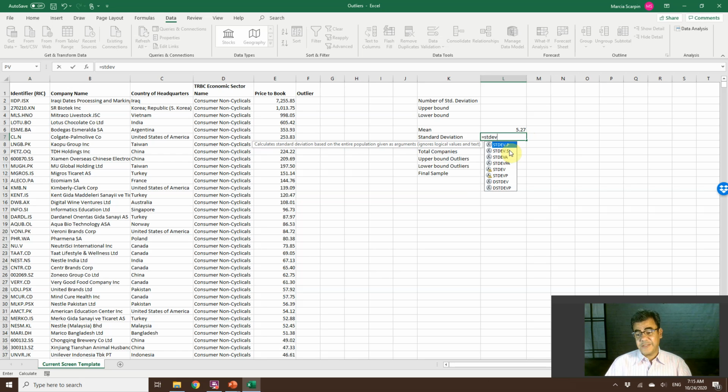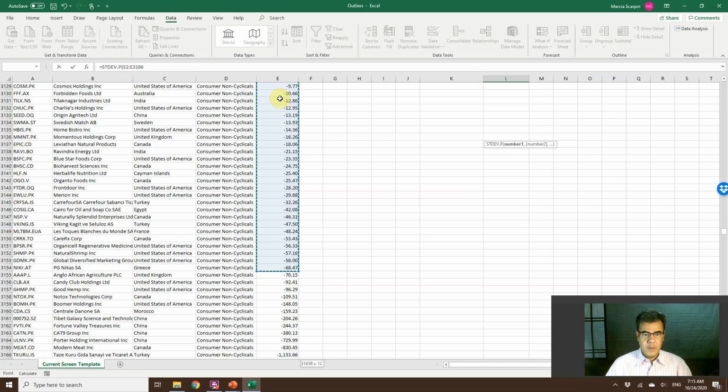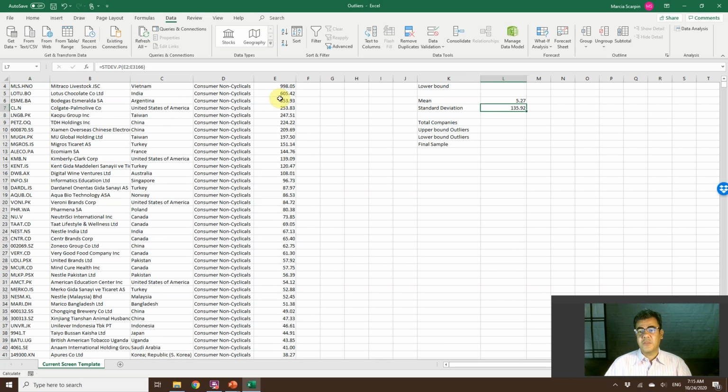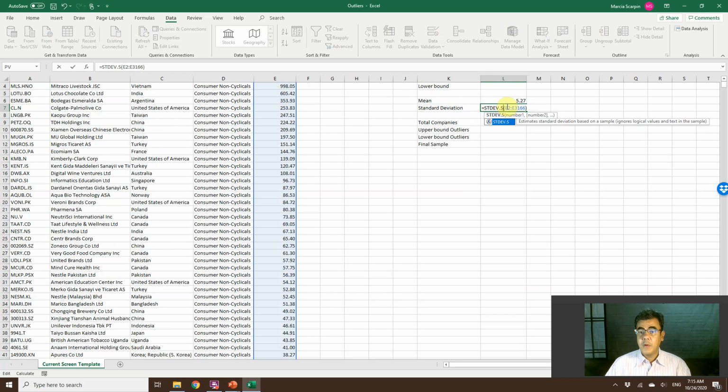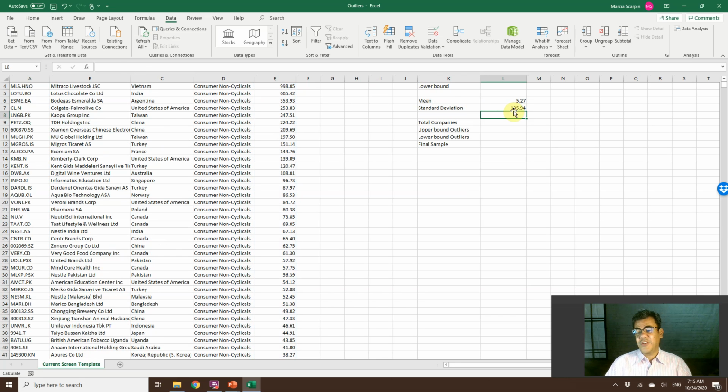Here, for us, it doesn't matter. The difference will be too small. If we go to population here, it is 135.92. If we go to sample, it is 135.94. So it doesn't matter.